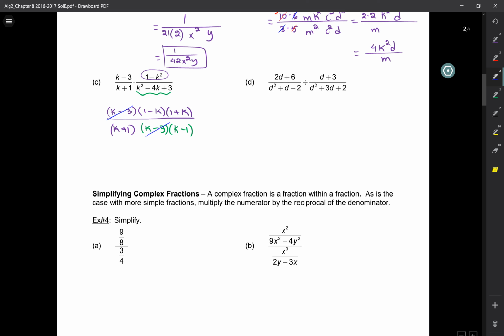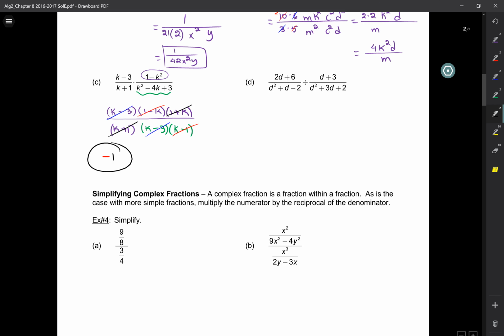K minus 1 and the 1 minus k will cancel, but what do I have to do? Negative, and what else cancels? 1 plus k and k plus 1. Do I have to do a negative for that one? Not if it's plus, so the answer is minus 1. Who would have thought? Such a cute little answer from that one, right?